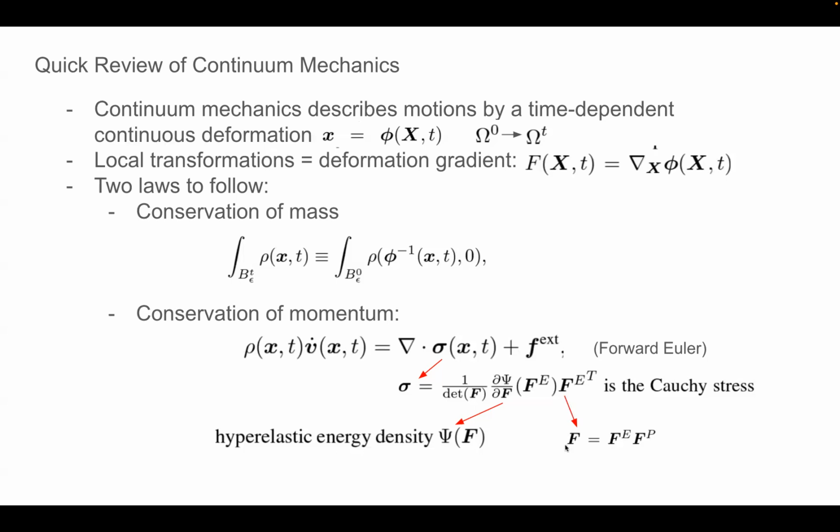The deformation gradient can also be further decomposed into elastic deformation and plastic deformation. So elastic deformation is the deformation that, when you apply it to an object, after deformation it can go back to the rest space.